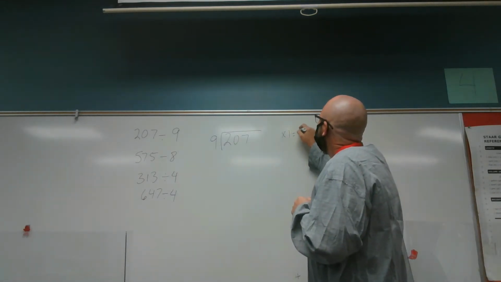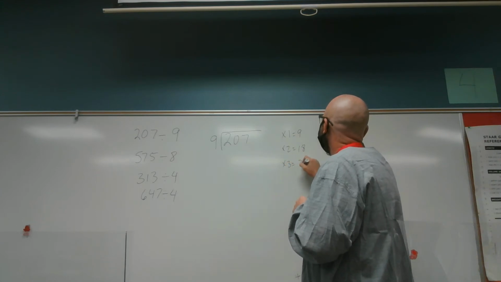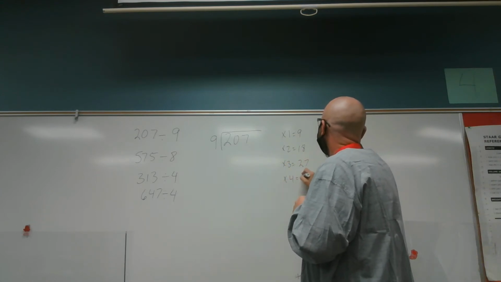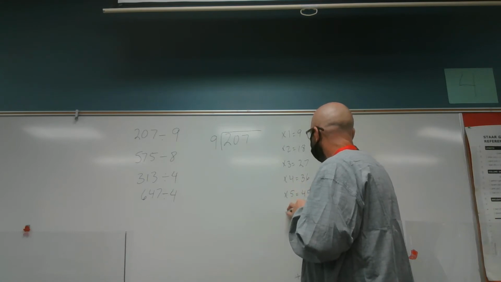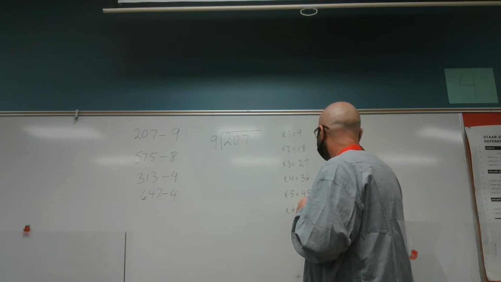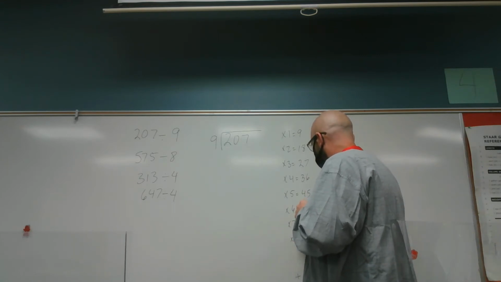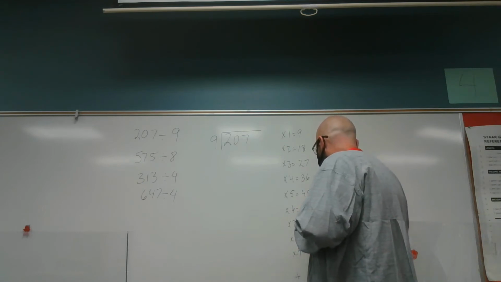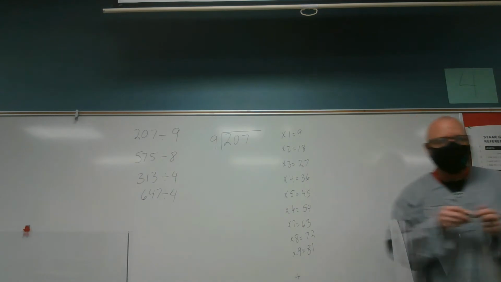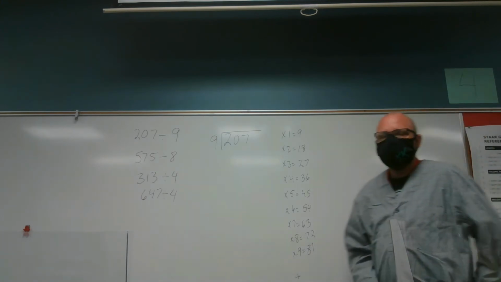So times 1 is 9, times 2 is 18, times 3 is 27, times 4 is 36, times 5 is 45, times 6 is 54, times 7 is 63, times 8 is 72, and times 9 is 81. Always start by listing my multiples of my divisor.